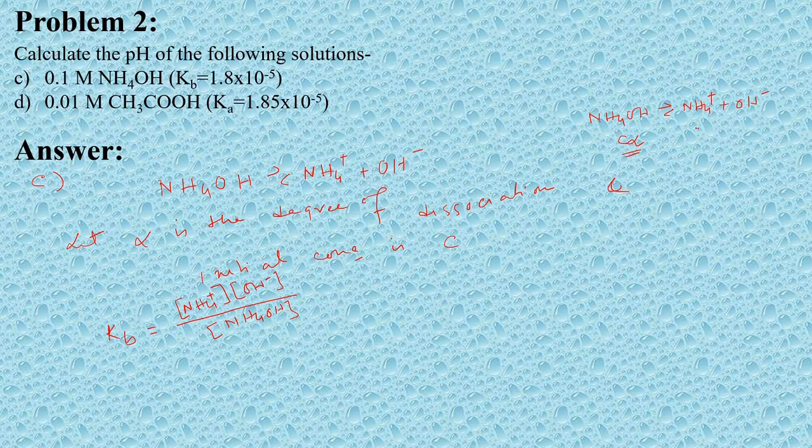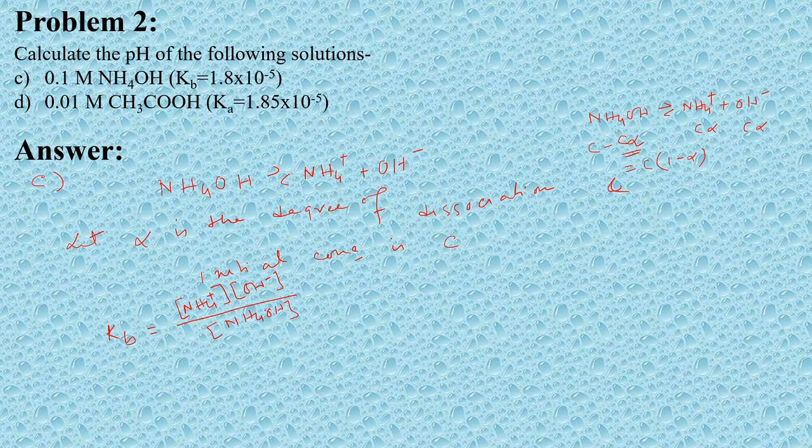So the concentration of each ion is C alpha, and the ammonium hydroxide is the initial concentration C minus the dissociated part, so C into 1 minus alpha.